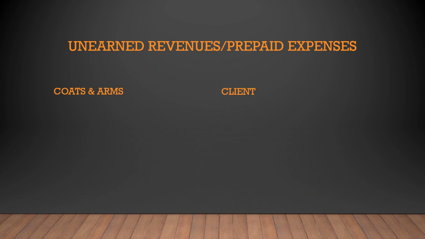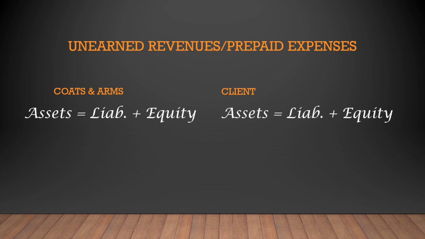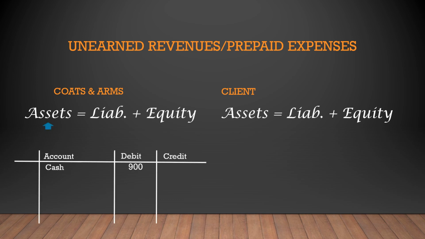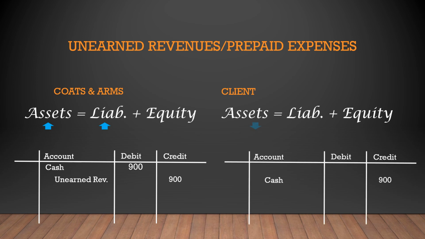If you're especially perceptive, you might have noticed that unearned revenues is the opposite of prepaid expenses. When CNA received that advance payment, it debited cash for what it received and credited its liability, unearned revenue. The cash that CNA received is the cash that the client paid, which he credited out of his assets. However, the services owed to the client is an asset to him, so he will debit a prepaid account.